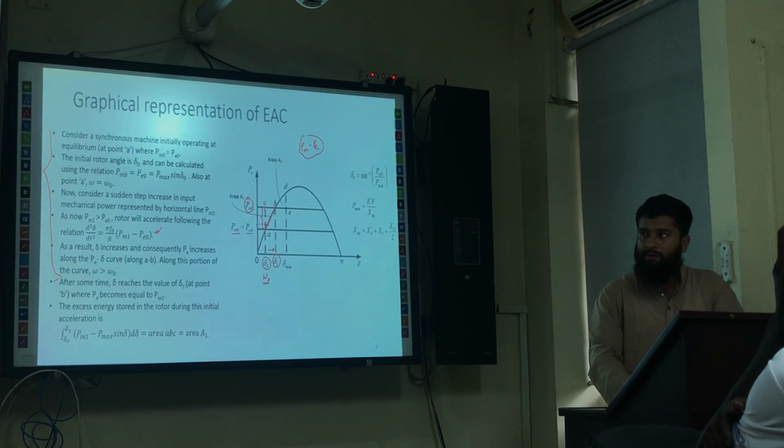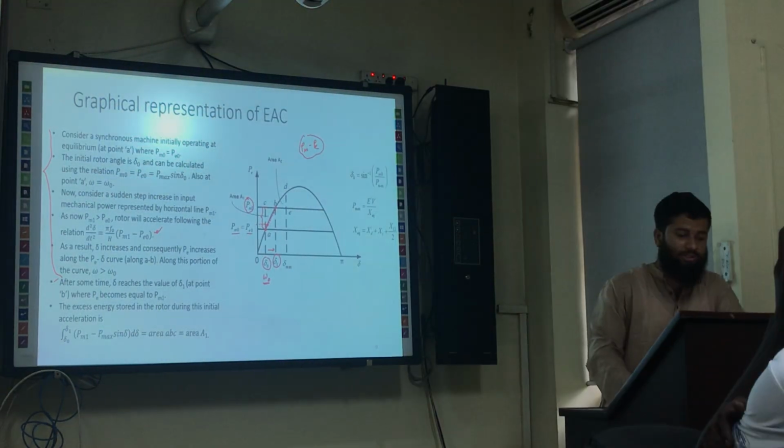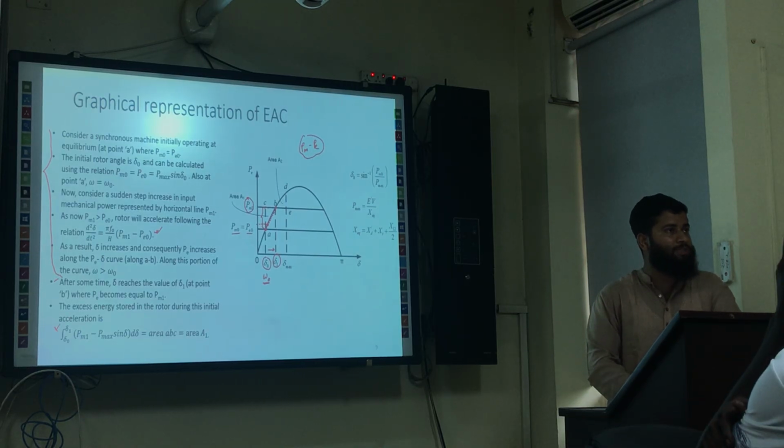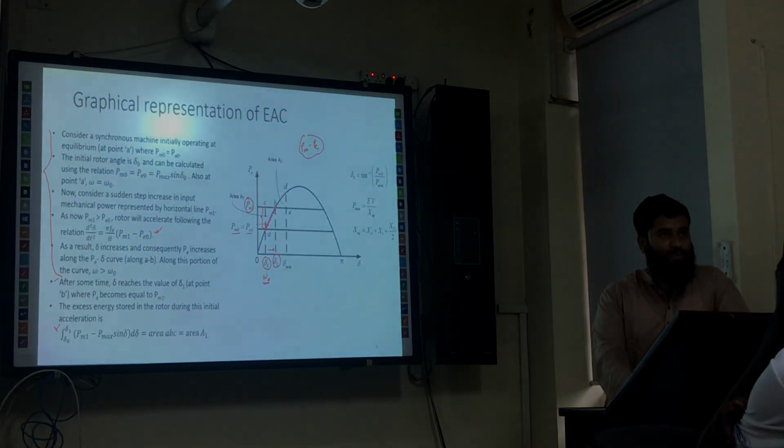So is it a smart idea to calculate all of these instants and then add them up, or will we use another smart tool? We can easily take care of it with integration, right? That's why this is the integration. How do we do the integration? PM minus P, right?